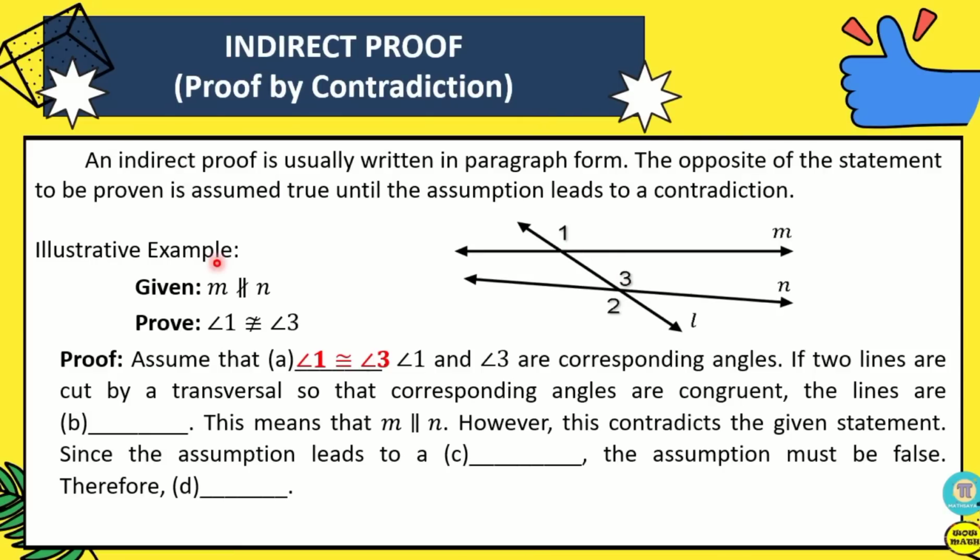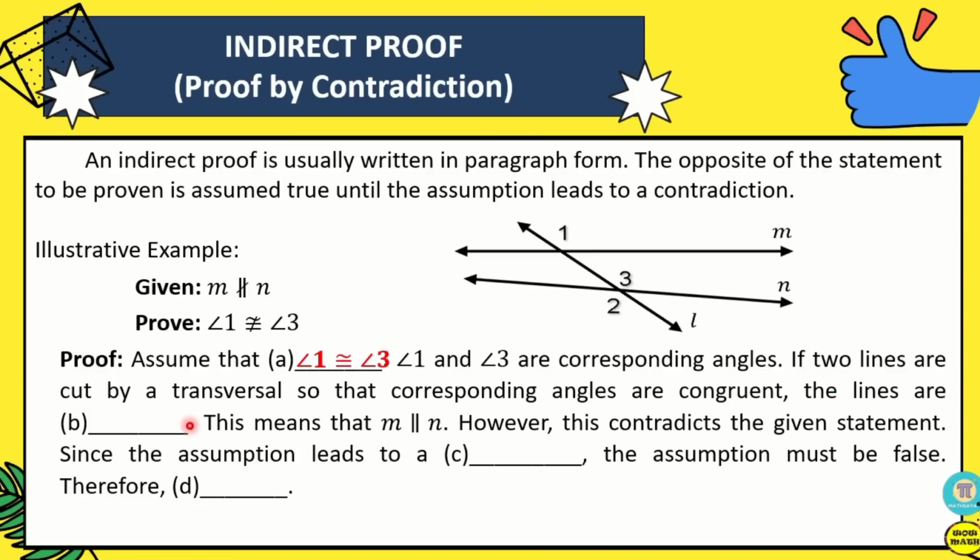Alright, so, corresponding angles is one of the properties of parallel lines. Okay? So, given this, assume that angle 1 is congruent to angle 3. Kasi nga, yung properties ng parallel lines natin. Since angle 1 and angle 3 are corresponding angles, then we can say that they are congruent. I mean, we can assume, rather.